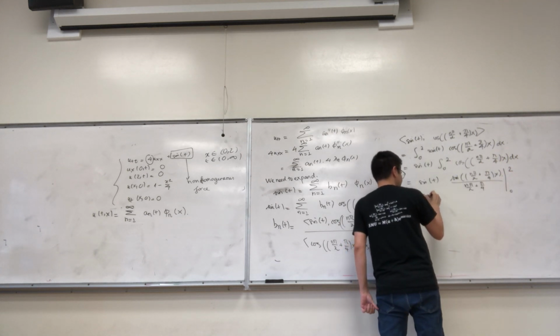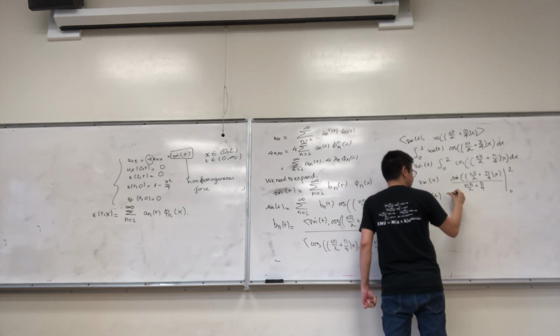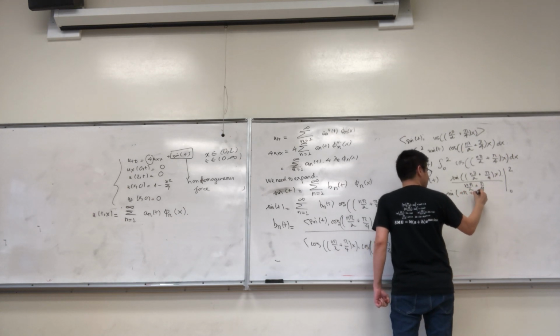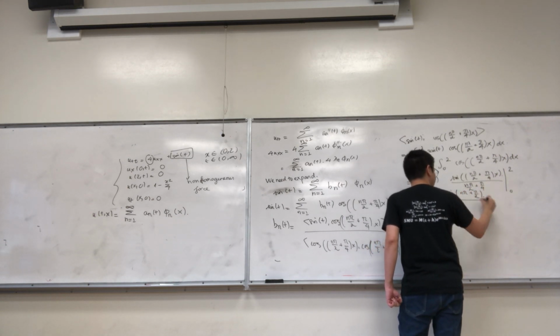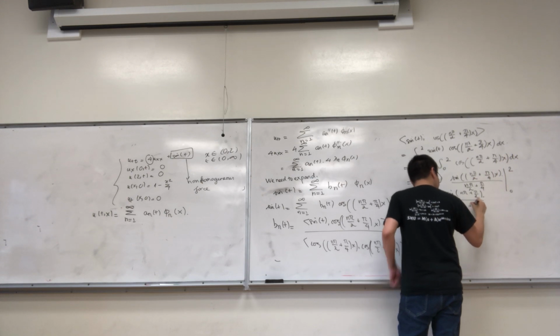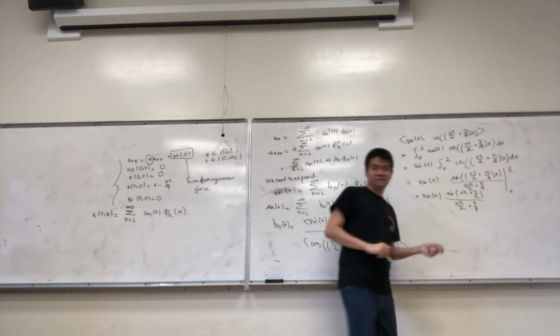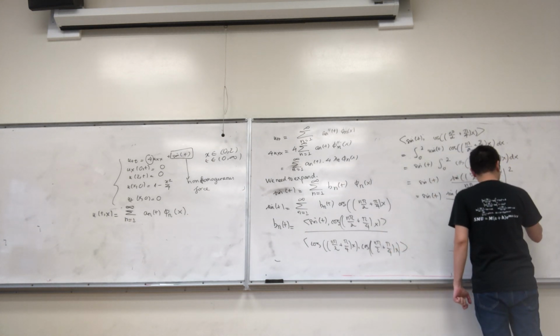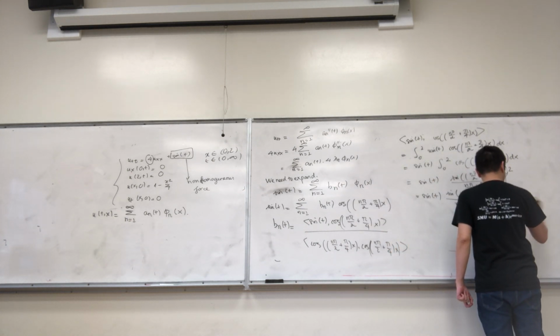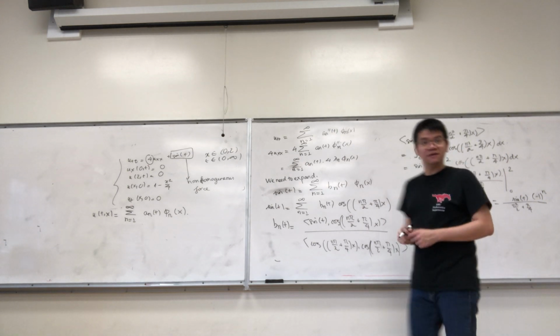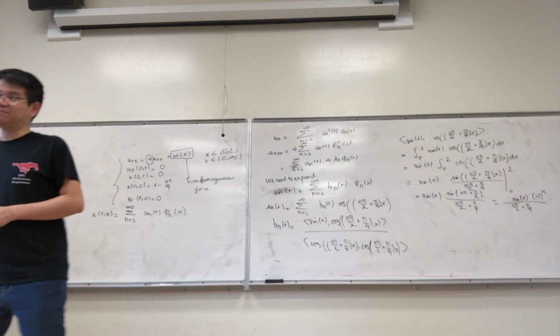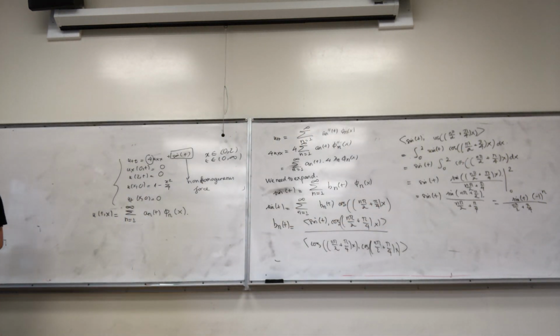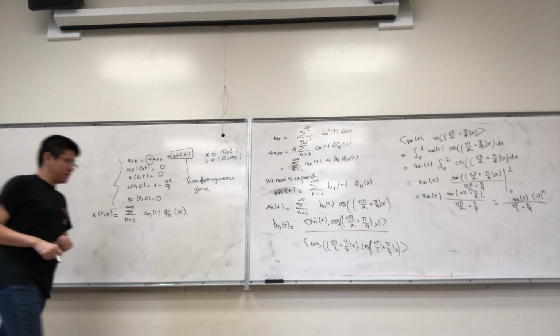So we have sine of t, sine of (n pi plus pi over 2), divided by (n pi over 2 plus pi over 4). So this is minus 1 to the n. So we have sine of t divided by (n pi over 2 plus pi over 4) times minus 1 to the n. Alright? Because sine of (n pi plus pi over 2) is minus 1 to the n.